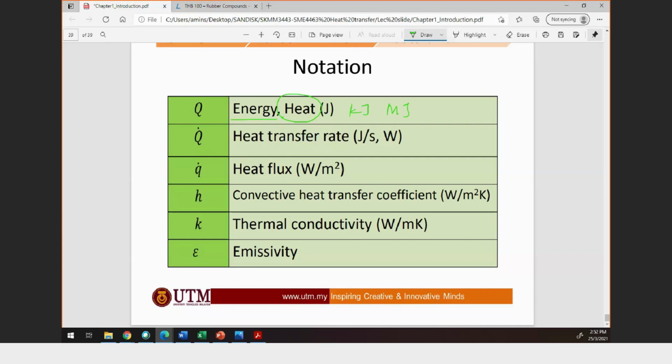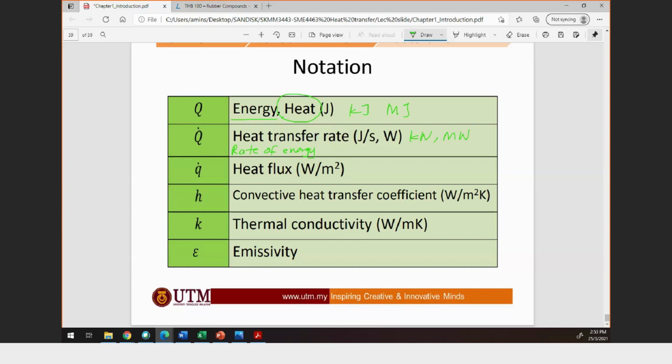But if you want to calculate the rate of energy, also known as the heat transfer rate, it should be energy per unit time, which is joule per second, or watt. It can be in kilowatt, also in megawatt.